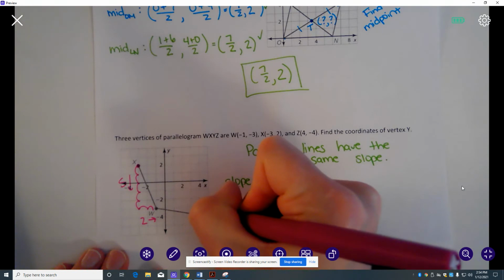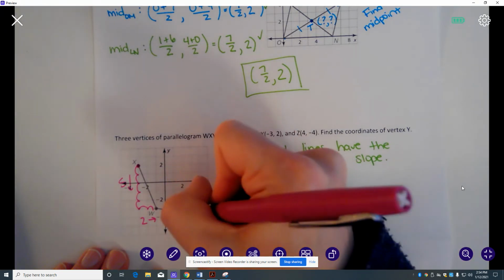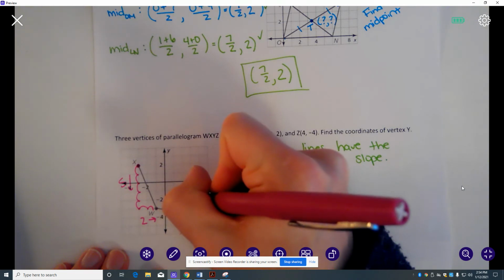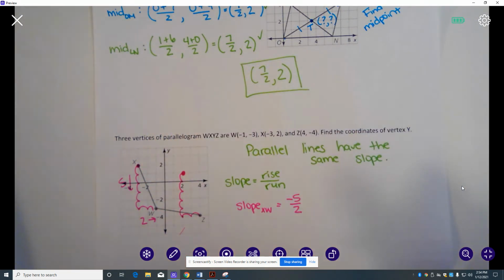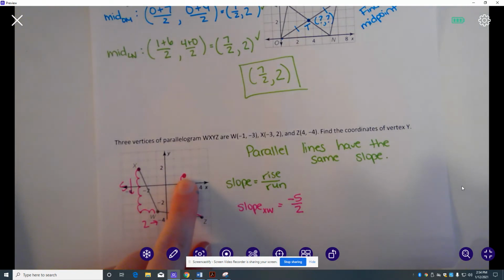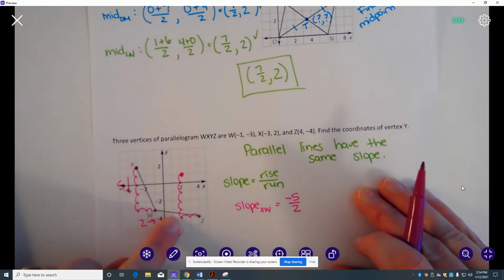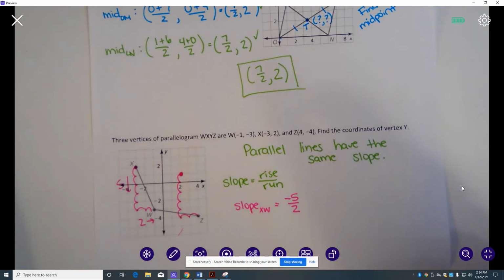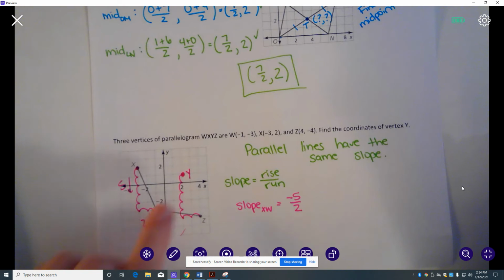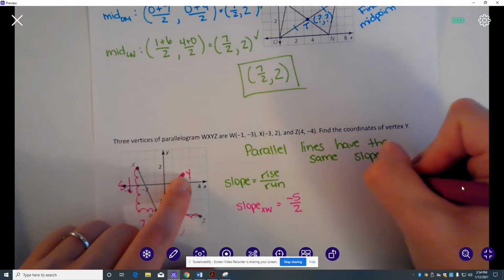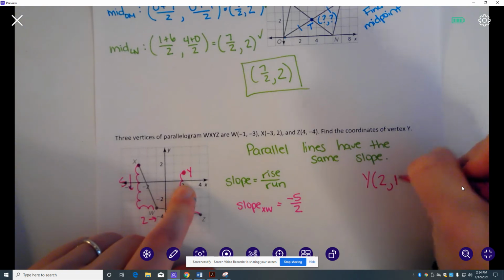So I'm going to count 2 to the left and 5 up, which means my last point should be located here in order to have that overall slope of negative 5 over 2. So I think point Y is located at (2, 1).